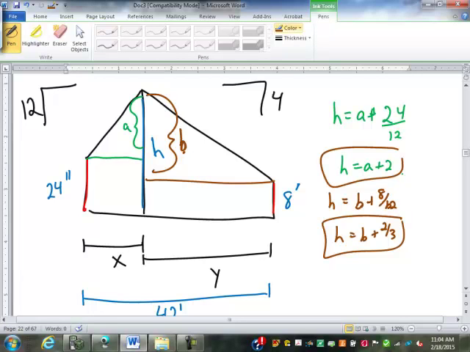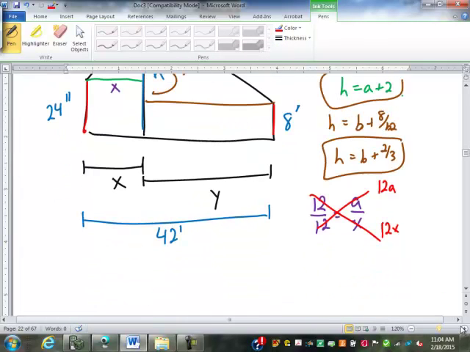Well, we know that A and X combine to make 12 over 12. 12 over 12 equals A over X. Cross multiplying, 12A equals 12X. In other words, A equals X. I'm going to just assume you guys can handle dividing out the 12s, right? No? Okay.